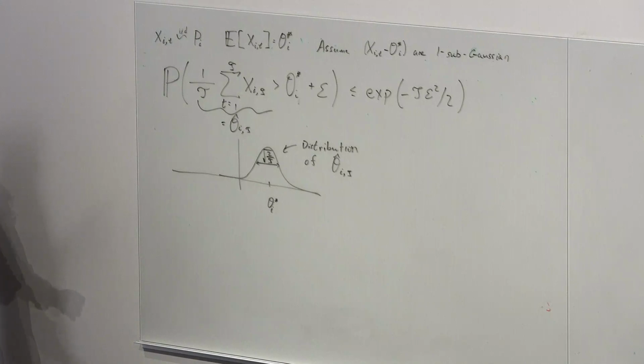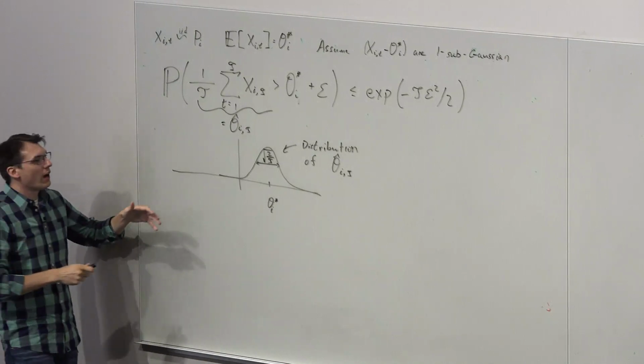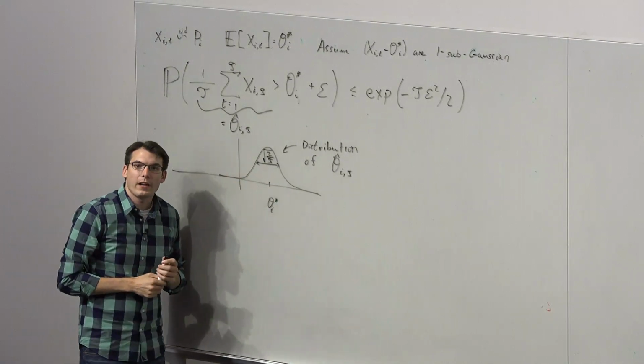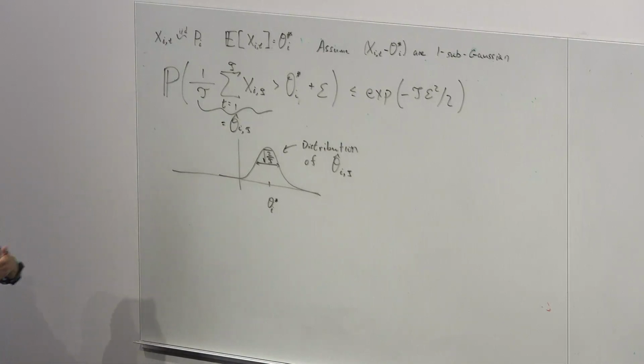So as tau gets large, of course, the empirical mean converges to theta star i. Very intuitive, and it goes at this very predictable rate.